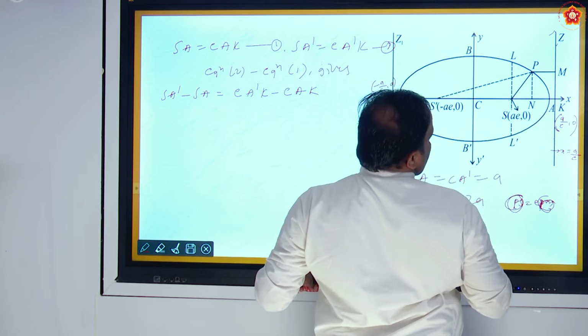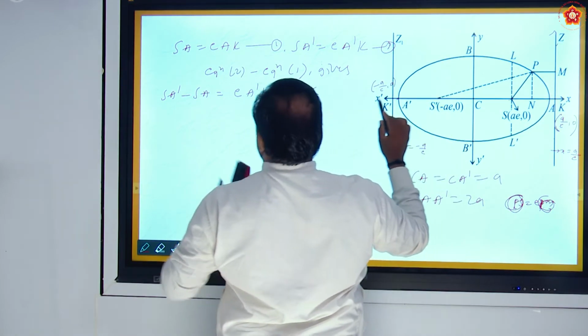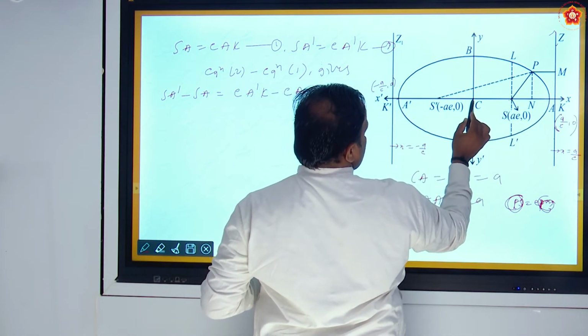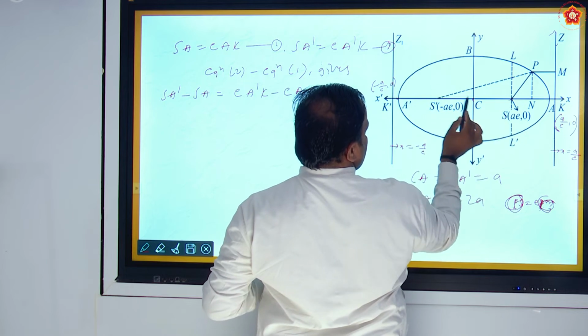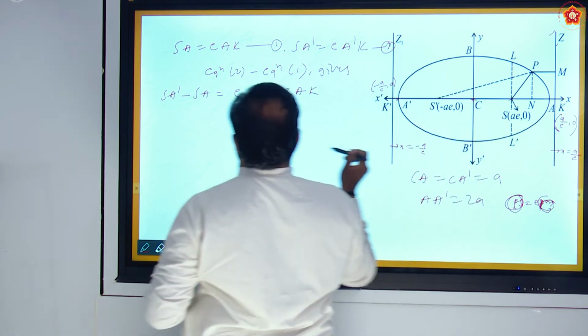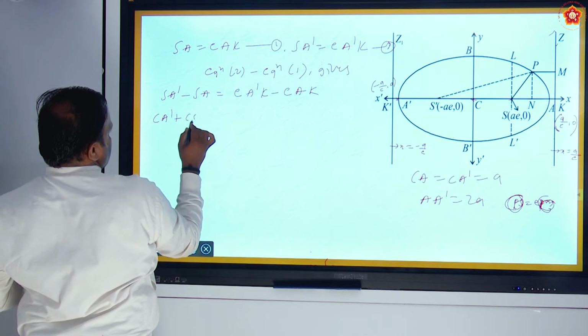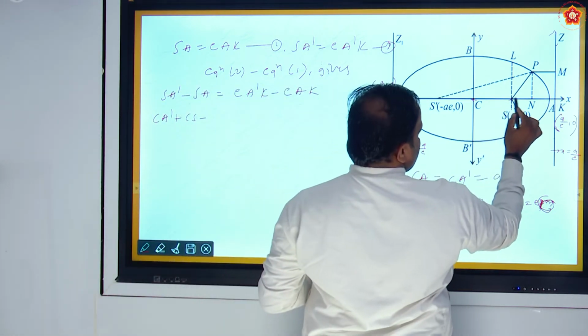How can you write it? Start from origin once again. SA dash can be written as, starting from origin, S here, A dash here: SA dash is nothing but CA dash plus CS.